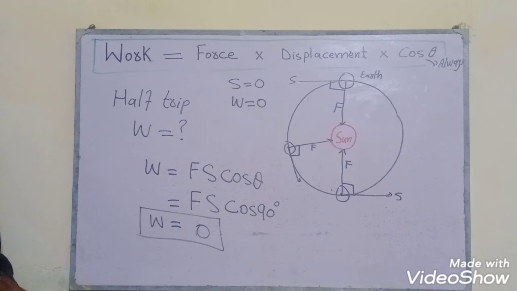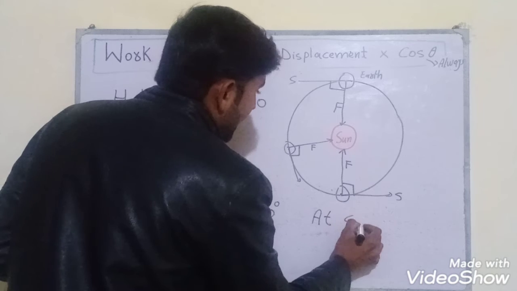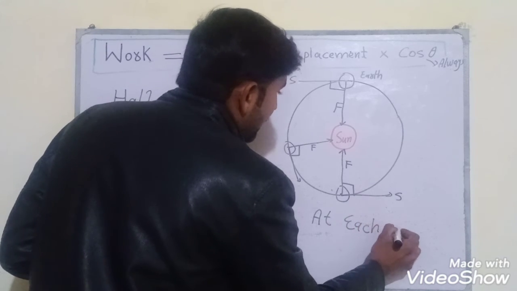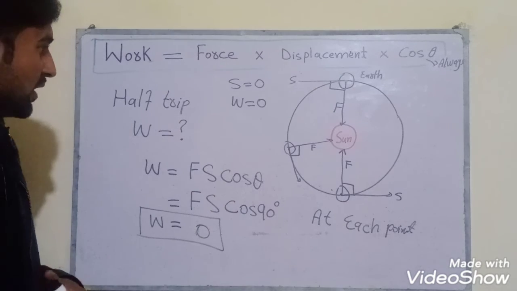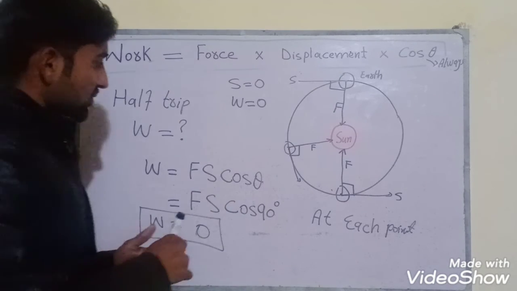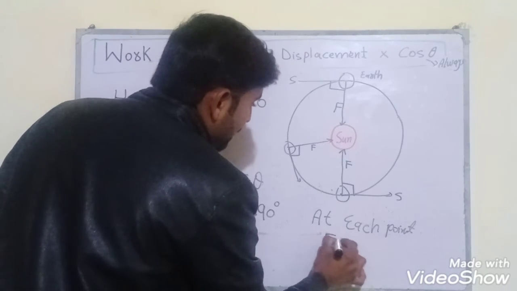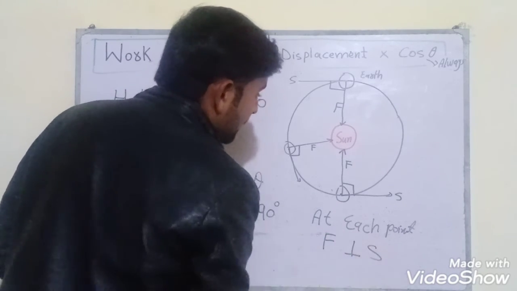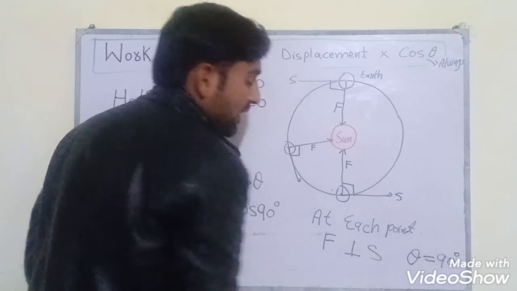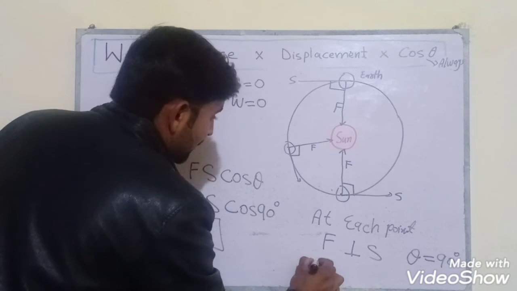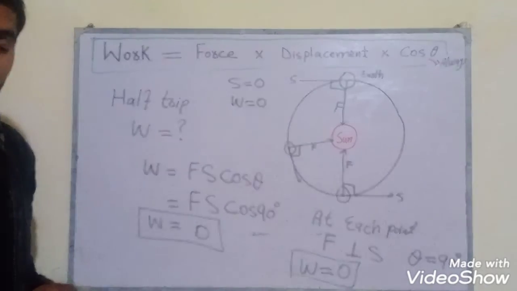We also said that at each point when Earth is revolving around the Sun or Moon revolving around Earth, at each point force is perpendicular to displacement and hence theta is equal to 90 degree, and then work done is equal to 0 at each and every point.